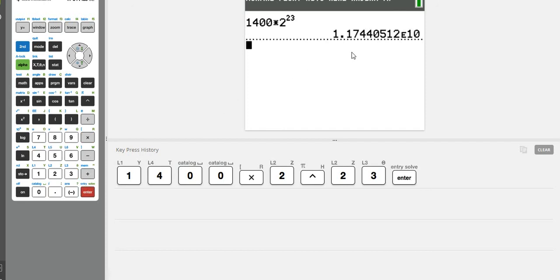1.17 times 10 to the 10th. Do realize that this is what that E10 means. It means times 10 to the 10th power. That's a huge number. That's like 11.74 billion. So, wow.